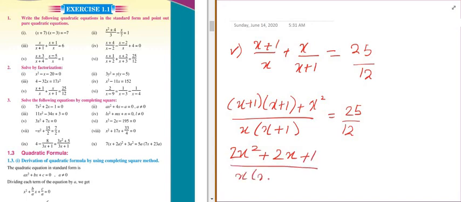This is over x into x plus 1 equals 25 divided by 12. Now just cross multiply these two terms.